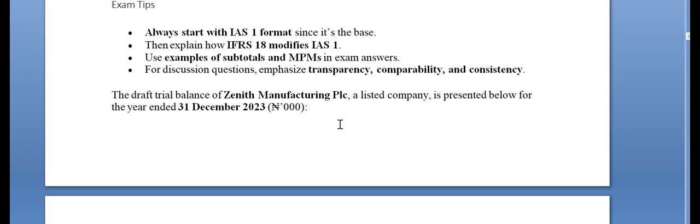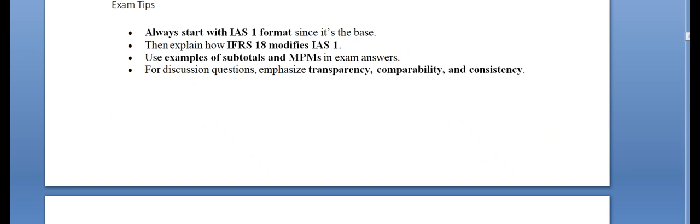Then you use examples of subtotals and then the management performance measures when you are answering your questions. Very, very important. Please, I'm the one begging you now. Please take note of what I have just explained. Any question? I'm sure there is no question.